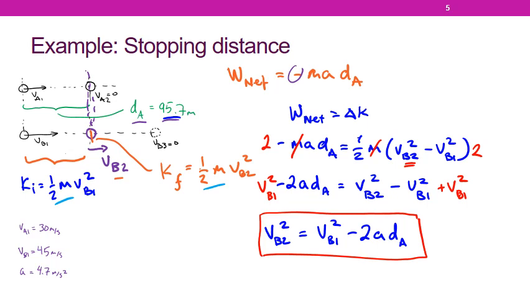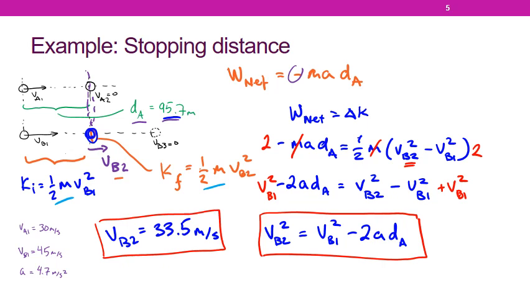And when I solved for my speed, I got that my faster moving car, when it reaches the point where the slower moving car stopped, was going 33.5 meters per second, much faster than even the 30 meters per second of the slower moving car.